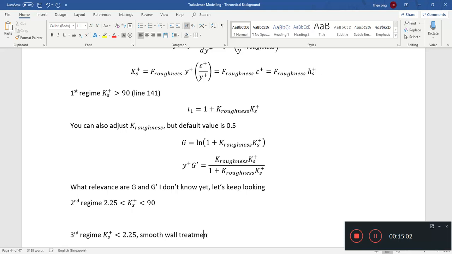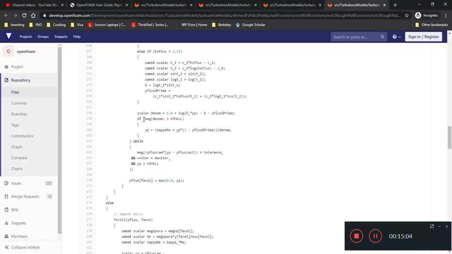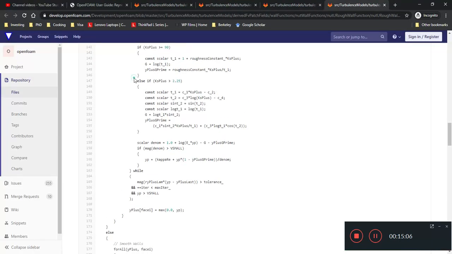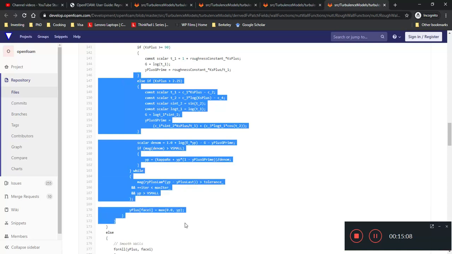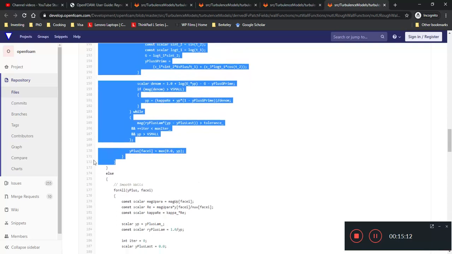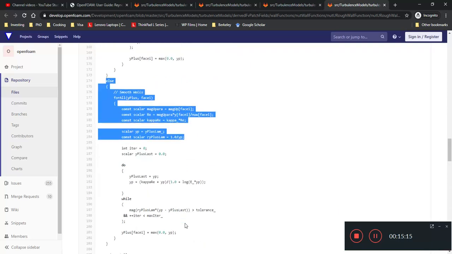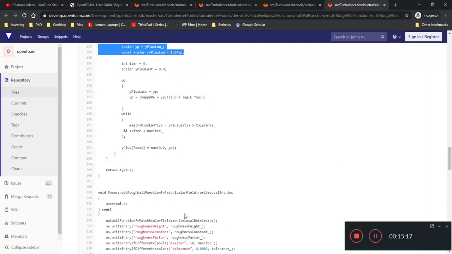So I'm just explaining to you what the code does. This plot is okay from ks plus from 2.25 all the way up to 90. Otherwise, we'll just use the smooth regime.